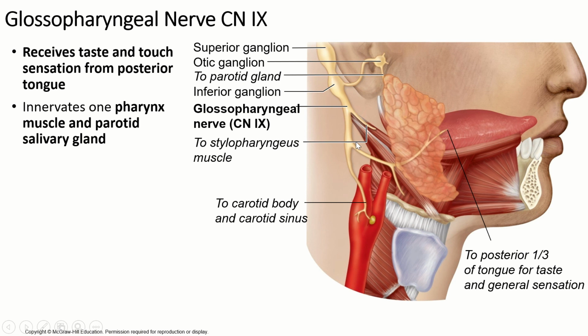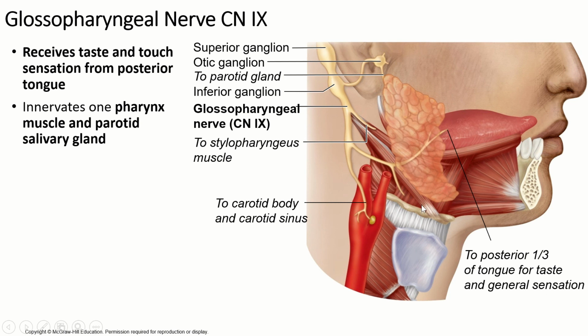Glossopharyngeal. This is going to go to the tongue and the pharynx. The taste of the posterior third of the tongue is going to go through the glossopharyngeal nerve, the glossal branch, and the control of some of the muscles of the pharynx that you use to swallow and of the parotid salivary gland.